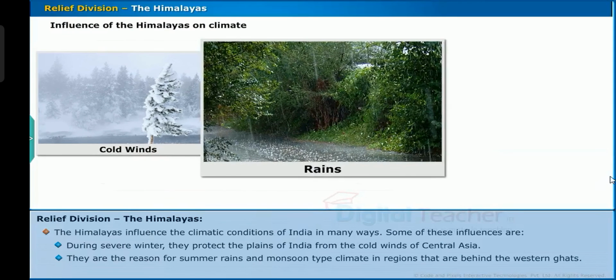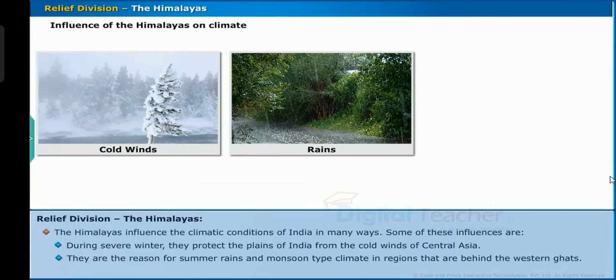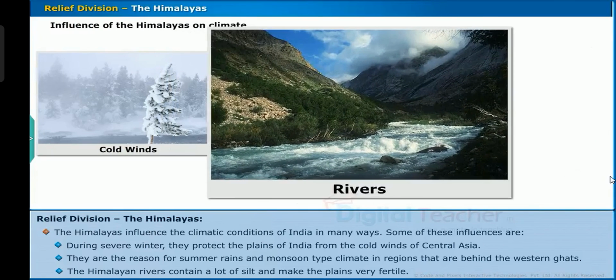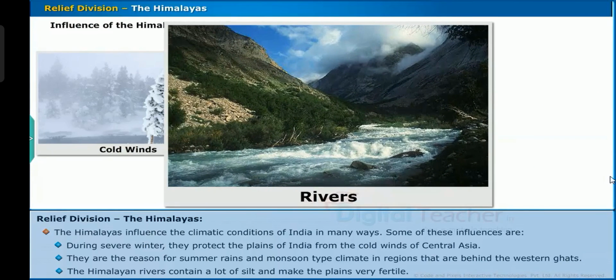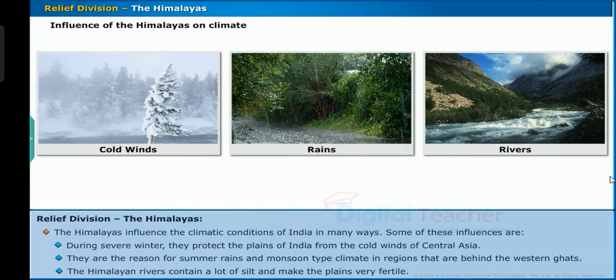They are the reason for summer rains and monsoon-type climate in regions that are behind the Western Ghats. The Himalayan rivers contain a lot of silt and make the plains very fertile. Let us do an activity of mapping the ranges of India.